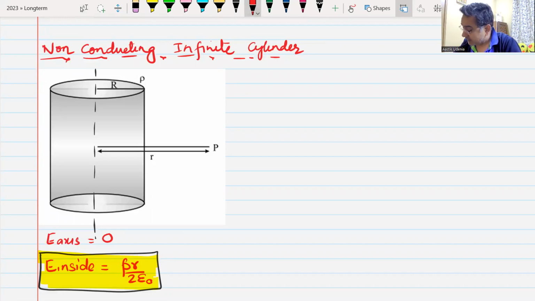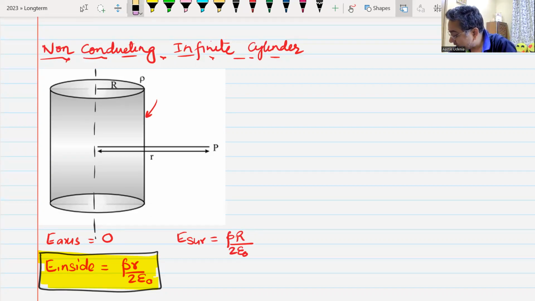Now I can write the electric field on the surface. Remember, electric field on the surface, which is this point, will be maximum, and the formula is exactly the same. Instead of 3, we will have 2. That is the only thing that is different. So it becomes rho R by 2 epsilon naught on the surface, and this is the point where the electric field is maximum.